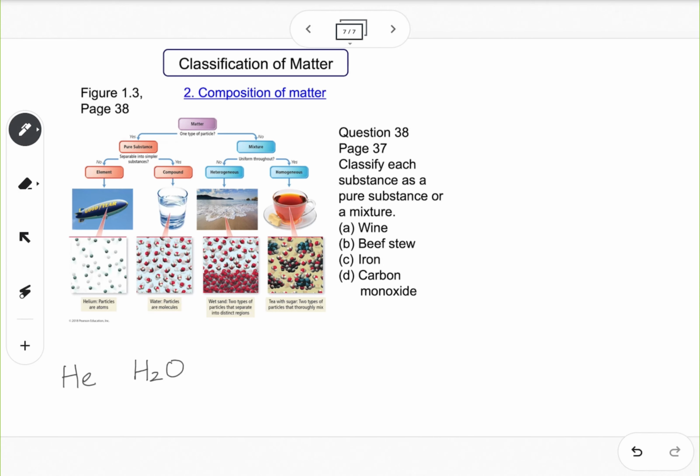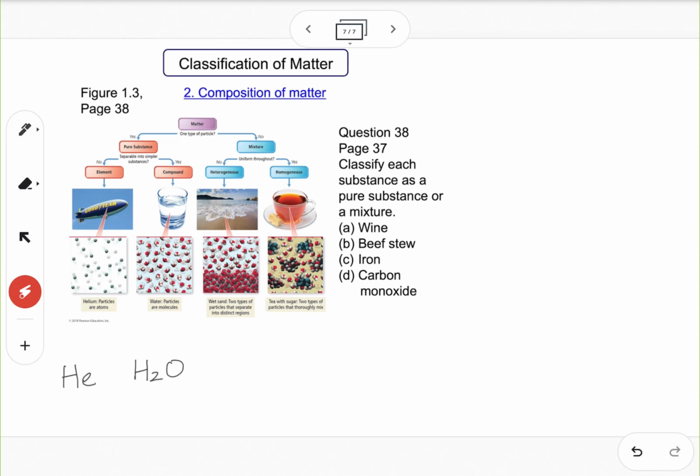As you see, an element has only one element, of course, but water has two elements: hydrogen and oxygen. So this is how we define compound. If you have more than one element in this pure substance, that is defined as compound. We'll see a lot of examples of compounds in our following weeks.